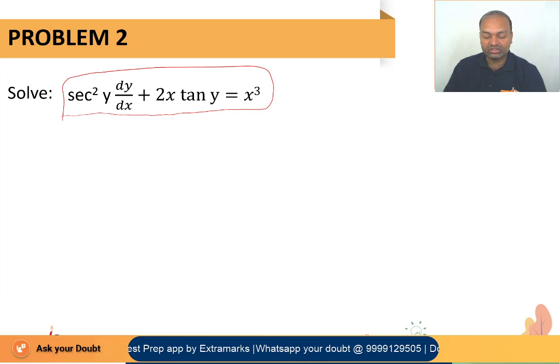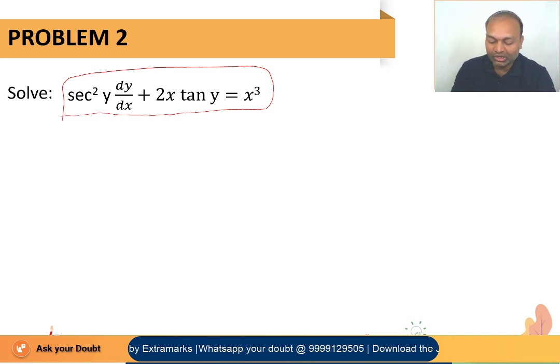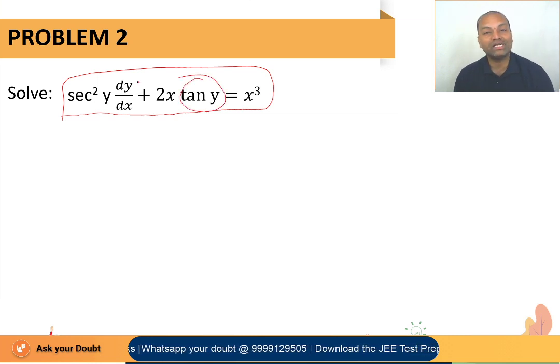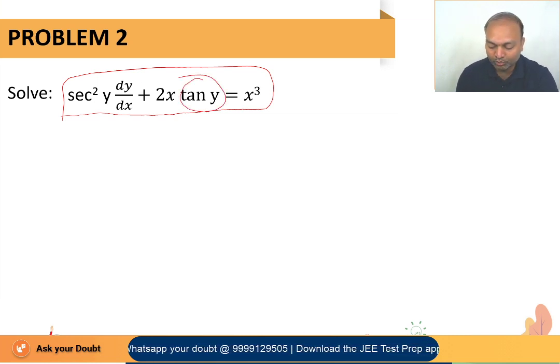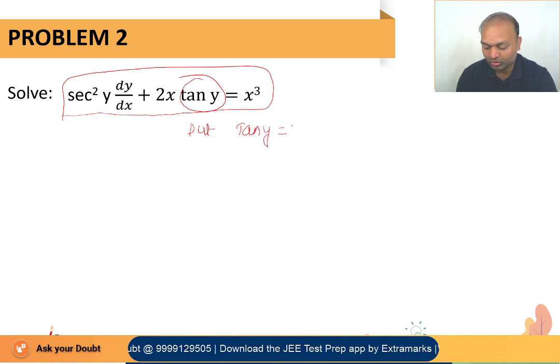What about the next step? X coefficient, you observe this one here, 2 tan y. Okay, for our convenience I am assuming tan y is equal to some other letter t. Okay, so put tan y is equal to t. Now differentiate.